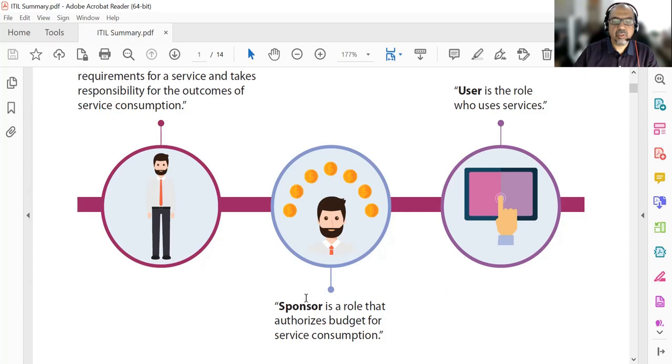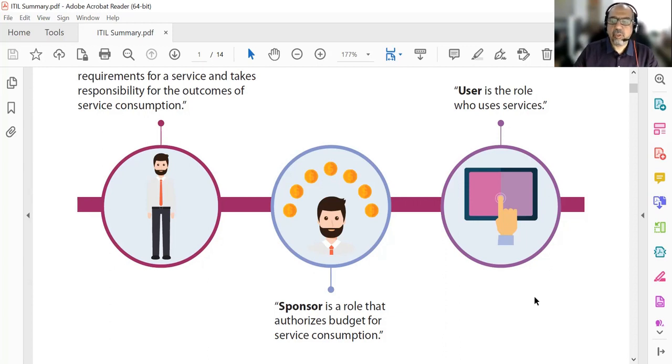So sponsor is the role that authorizes budget for service consumption. As we agreed in our discussions, budget is an estimate for the future. Cost, it's past expenditure.